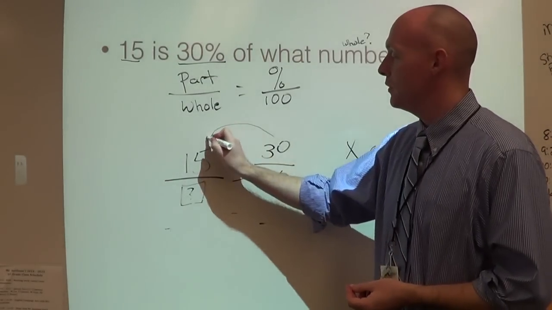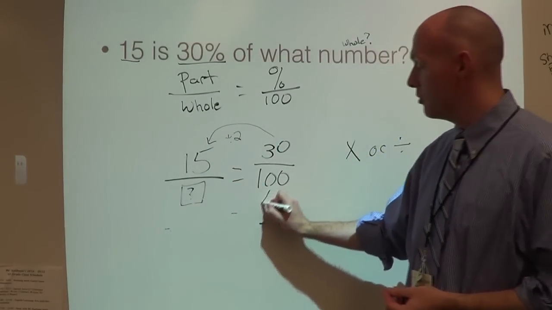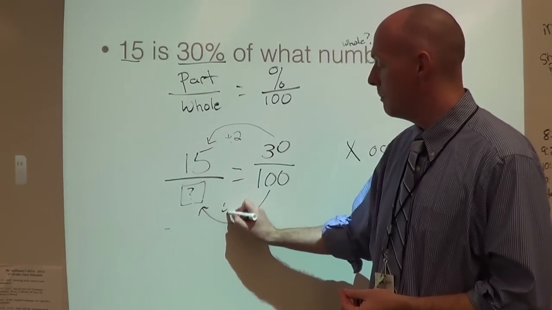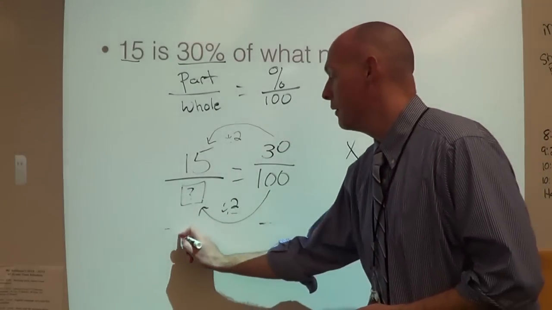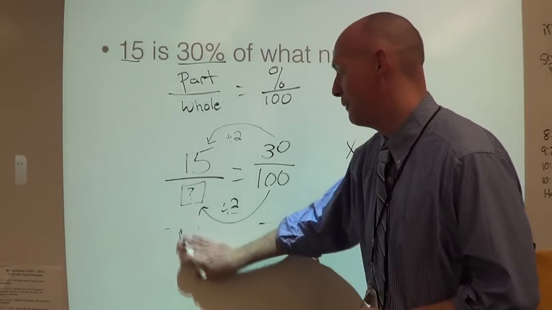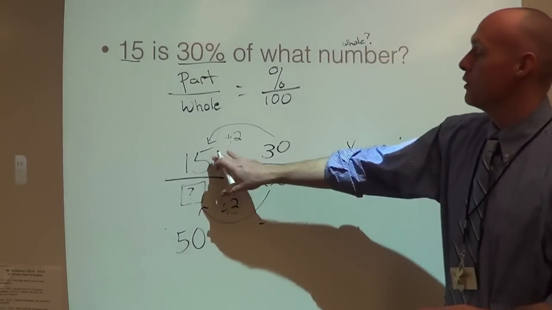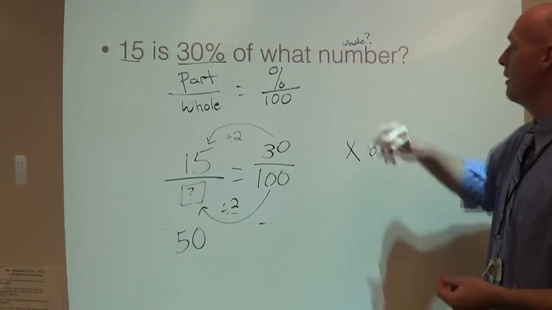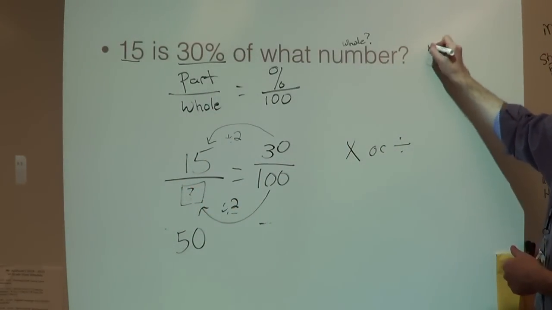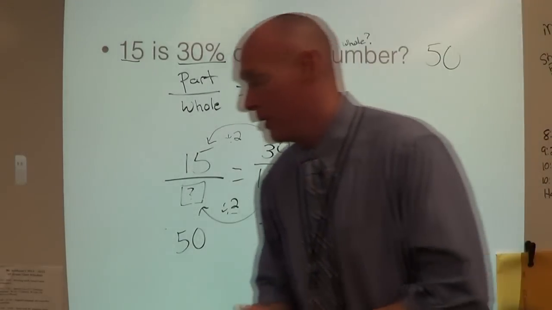So 30 to 15 is divided by 2. So what do I do to the 100? I divide by 2. So 100 divided by 2, that's my mystery number, 15. I'm sorry, not 15, yikes, 50. Yes. So 50 is my mystery number. So the question is, 15 is 30% of what number? The answer is 50. Let me show you a few more examples.